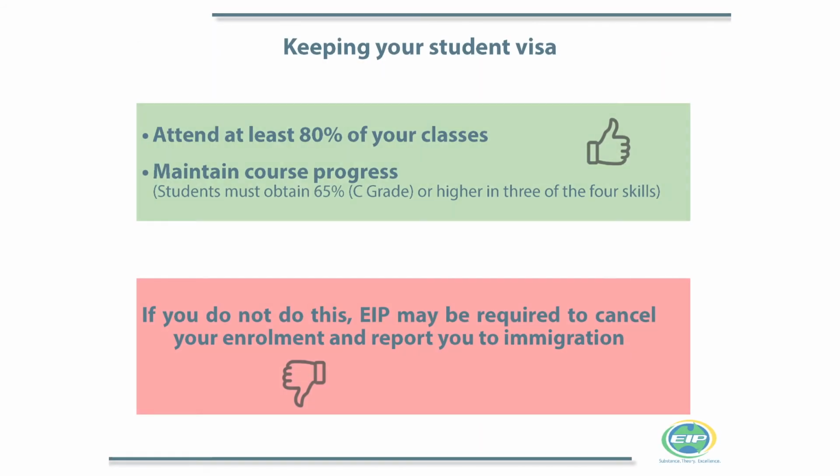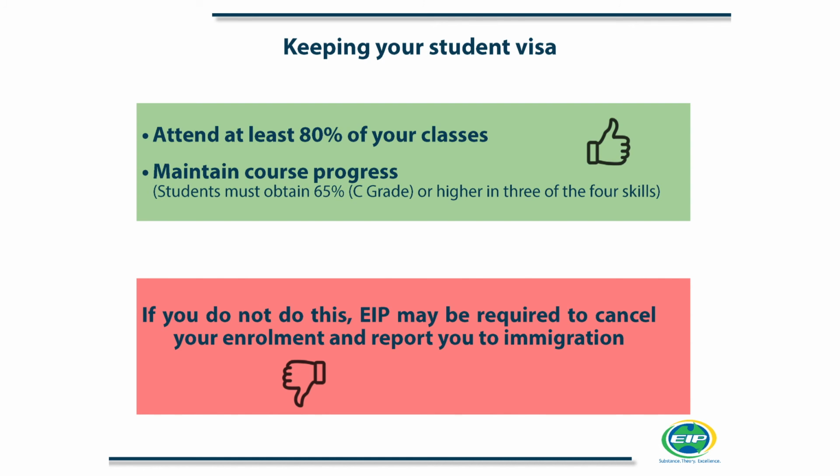As far as keeping your student visa goes, as we mentioned, attendance is very important. So make sure you're attending at least 80%, but again, it is suggested you attend as much as you possibly can and stay closer to 100%. The other point to remember is, of course, your course progress. Those test results become quite important.